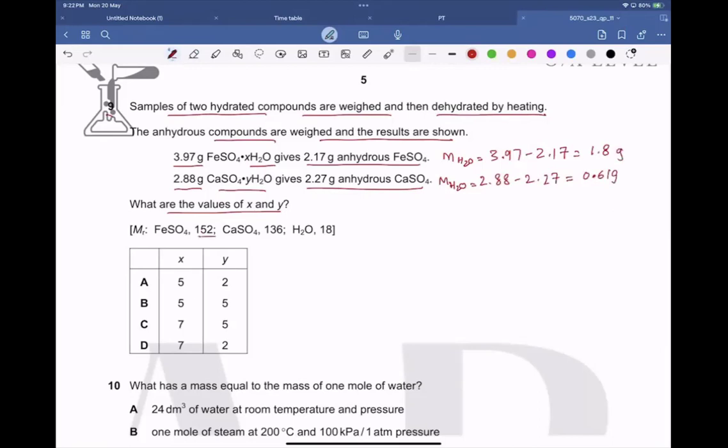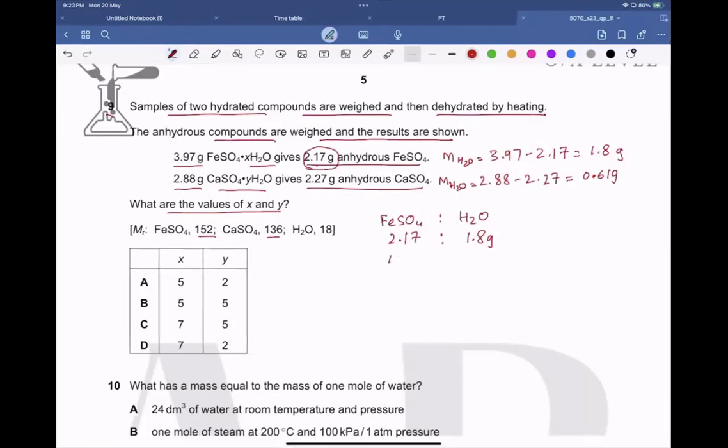Now see, these are the MRs. So if I take the ratio of iron sulfate with water, what is the mass of just iron sulfate without water? It's 2.17. So I got to know that with 2.17 grams of iron sulfate, 1.8 grams of water has been bonded, right?